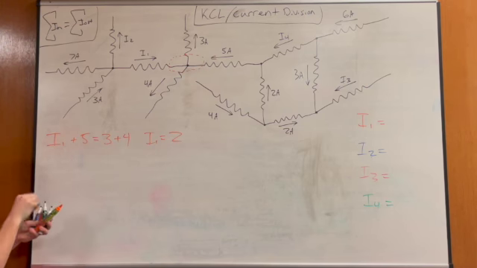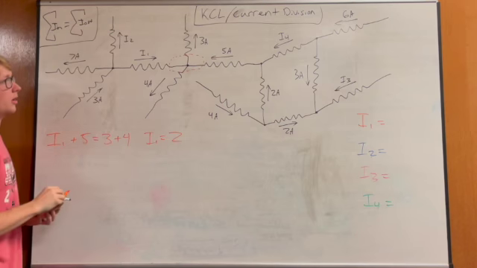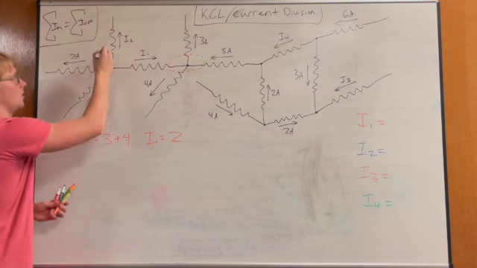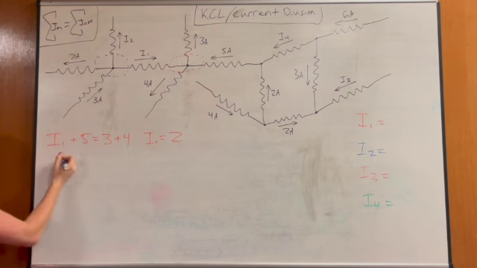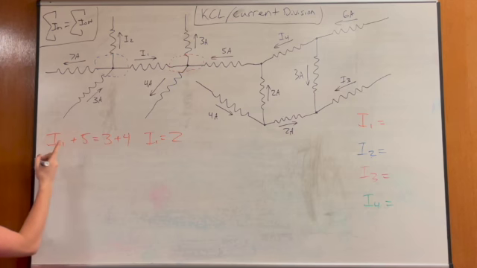Because I didn't calculate. So next one we're going to analyze is this one here, trying to find I2. So the current going in is 3.